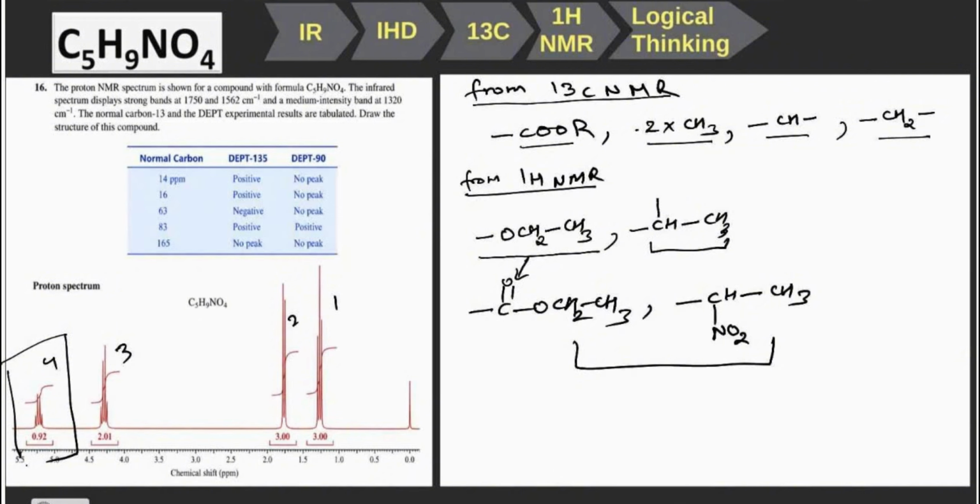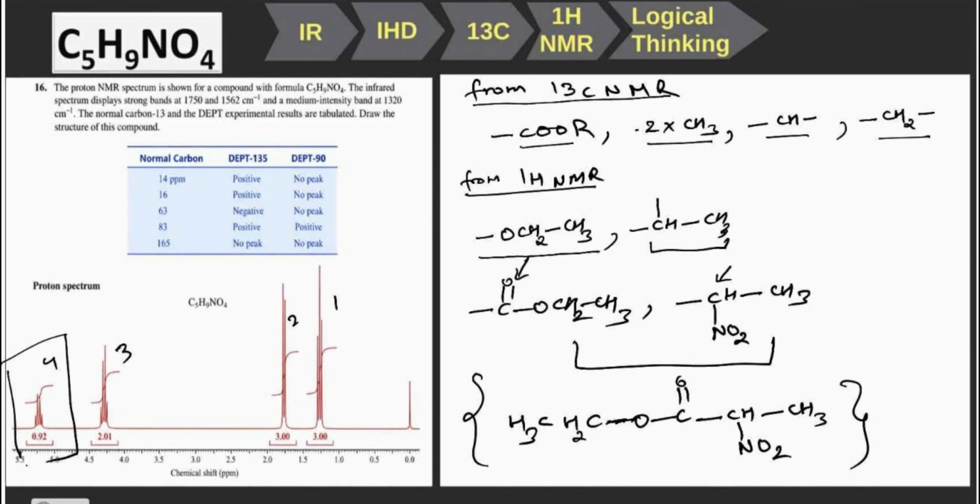So to satisfy the valency of this carbon, we can put the ester group and this NO2. This is CO, oxygen, CH2, CH3. So if this is the correct structure, then it must be consistent with the 1H NMR and 13C. So we have to cross check. So let's do it.